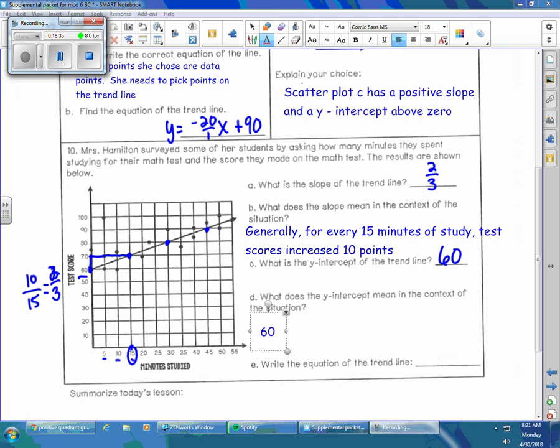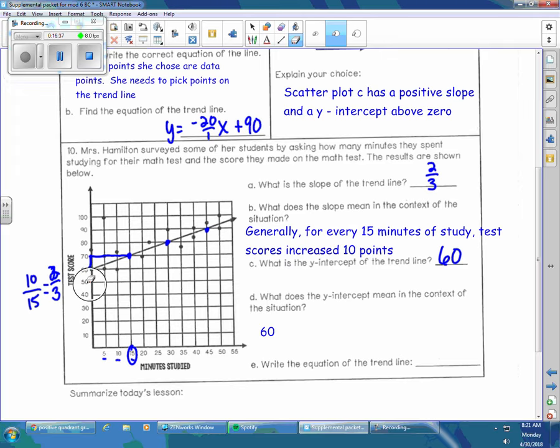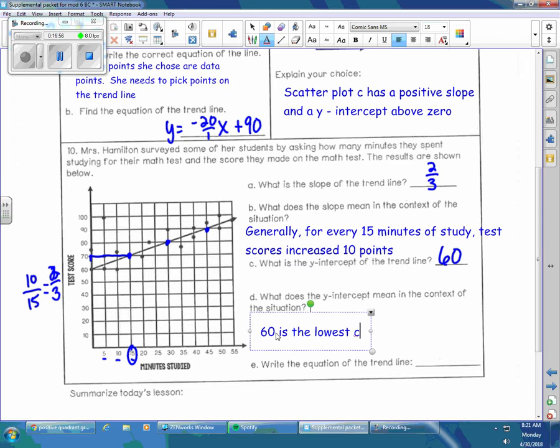Okay, 60. I've got to erase something here because I'm not seeing it on mine. Okay. So 60 is the lowest score that anybody got. And one of the 60s was somebody who studied for 0 minutes. So 60 is the lowest score.